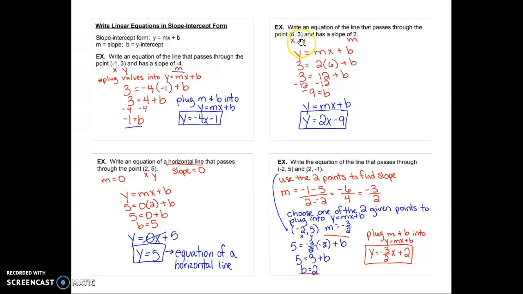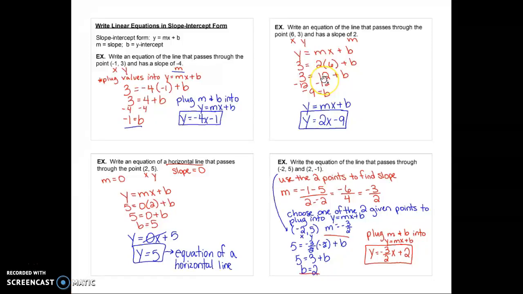Your point is x comma y, so in your equation y equals mx plus b, instead of y we have 3 equals 2, which was our slope, times 6, which was our x value, and then plus b. You're just replacing each variable, your y, your m, and your x, with the given information. So 3 equals 2 times 6 plus b.